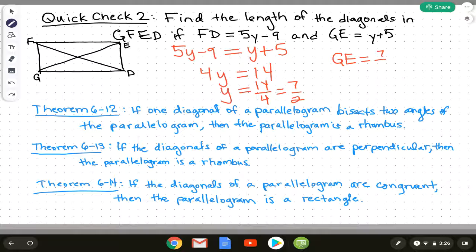Just putting it in for y, so it's 7/2 plus 5, which 5 is the same as 10/2. So I can just add 7/2 plus 10/2 and get 17/2, which is what we had before, so 8.5.